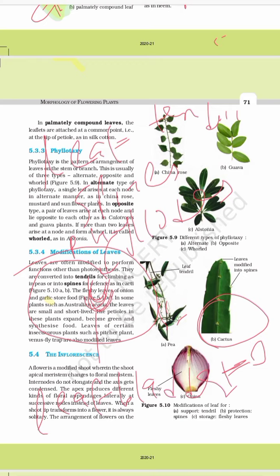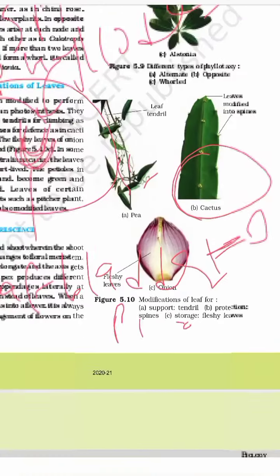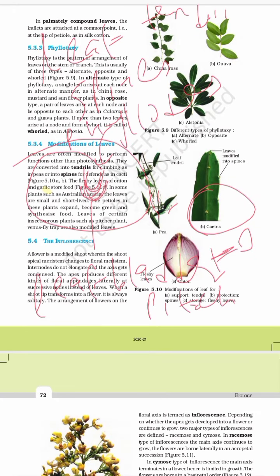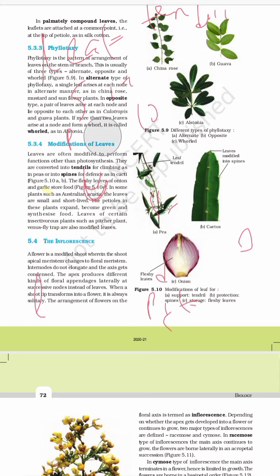After leaf bladder, leaf pitcher and succulent leaf. So these are the modifications of leaves, and this is all about the leaf and leaf structures. In our next video we will be studying inflorescence.